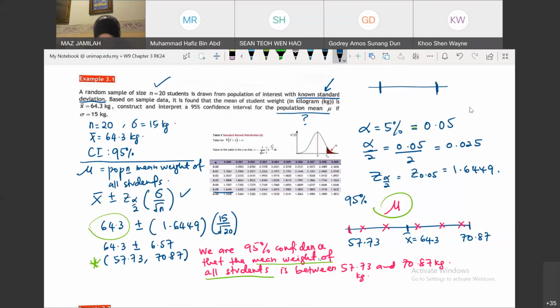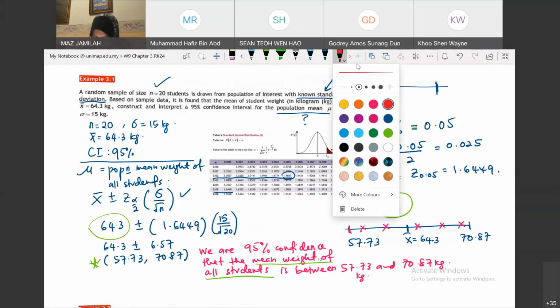Did I do something wrong? No, I was looking at Z alpha over 2 equals Z 0.05, so I was saying shouldn't it be 0.025? Okay, 0.025. Thank you. 0.025 will be 1.96. Thank you very much.